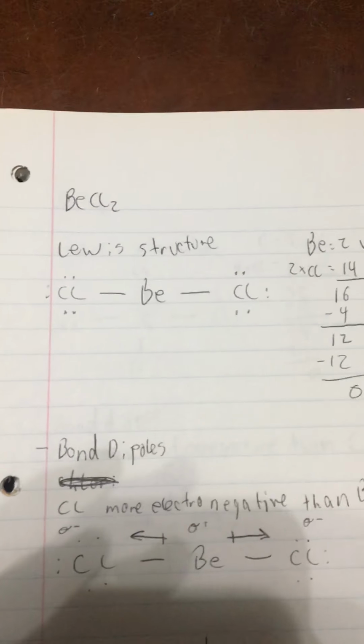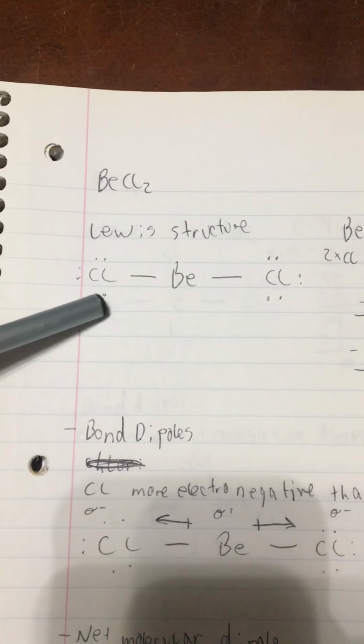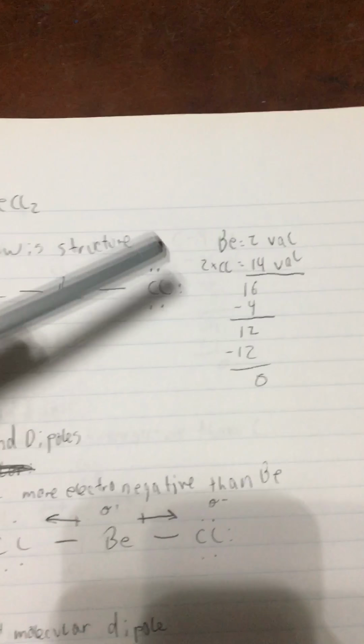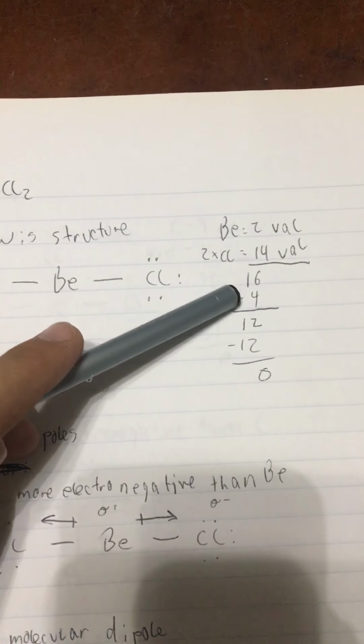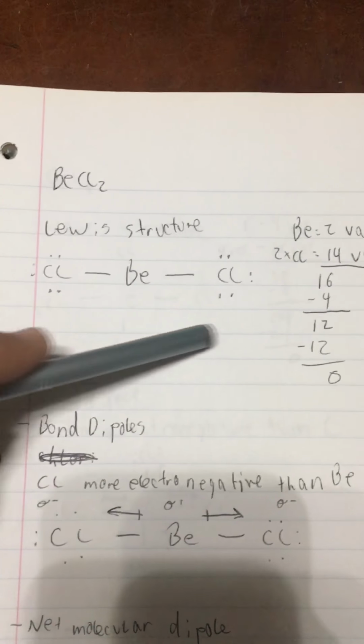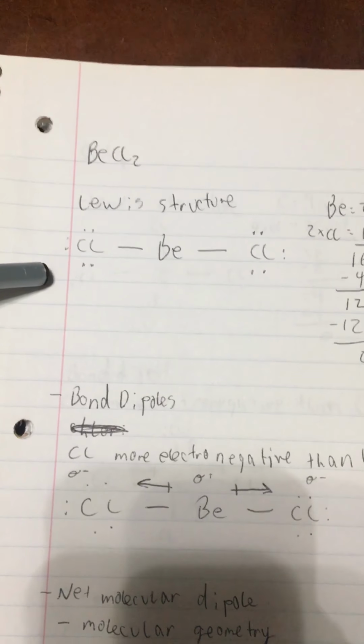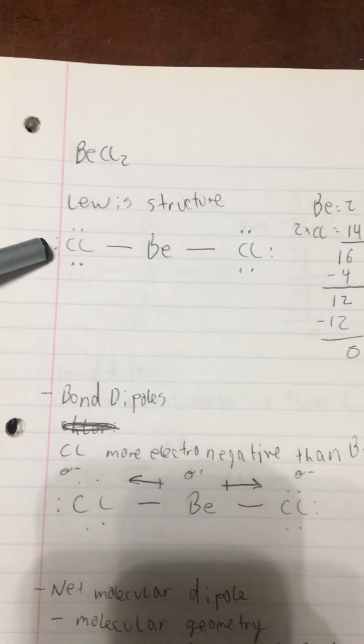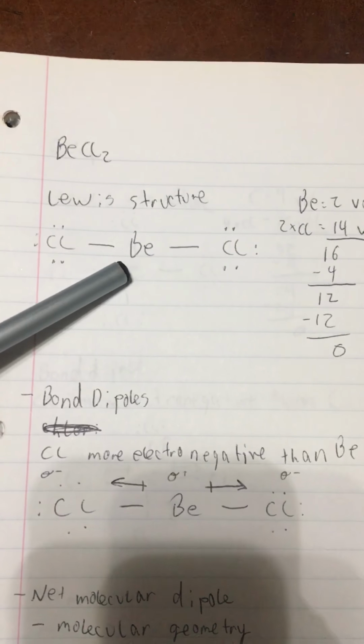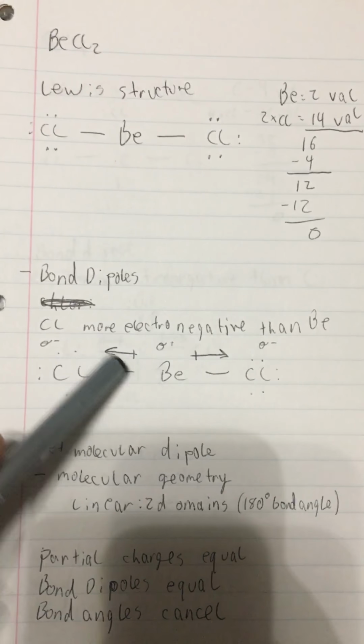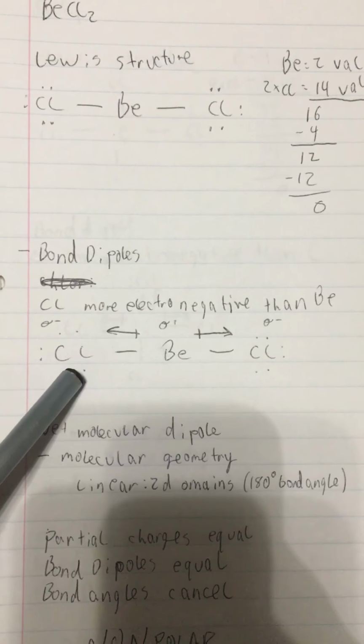The third molecule we are given is BeCl2. I've already drawn the Lewis structure for it using the 16 valence electrons, and I get this. Then, since we know Be is less electronegative than Cl, the bond dipoles are going to point outwards towards the Cls.